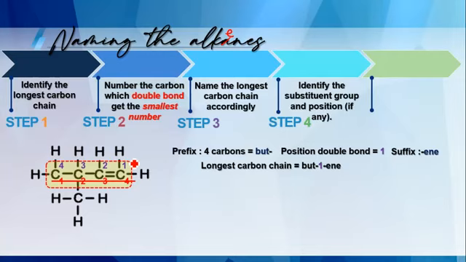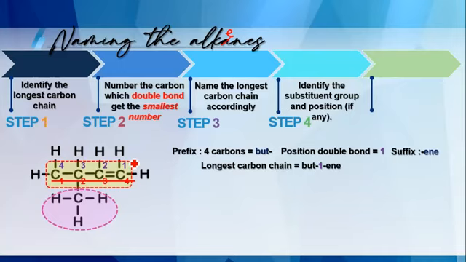Step 4: identify the substituent group, same as what we did for the alkane. Because we are using the purple color numbering system, initially the smallest number for the triple bond is number 1, so you use purple.